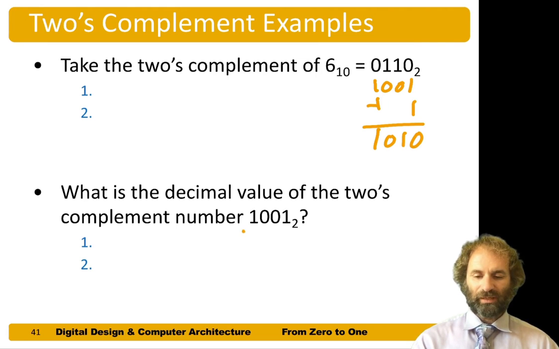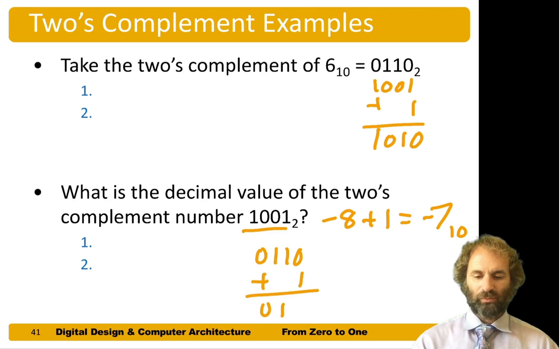We see this is negative. We could go directly: it's a -8, no 4s, no 2s, plus 1. So this is -7. Or since it's negative, we could take the 2's complement to make it positive. Flip the bits, 0110, plus 1, 0111, which is positive 7, so we know the original was negative 7.